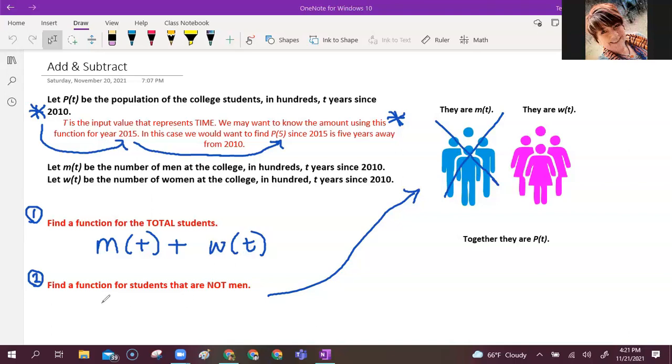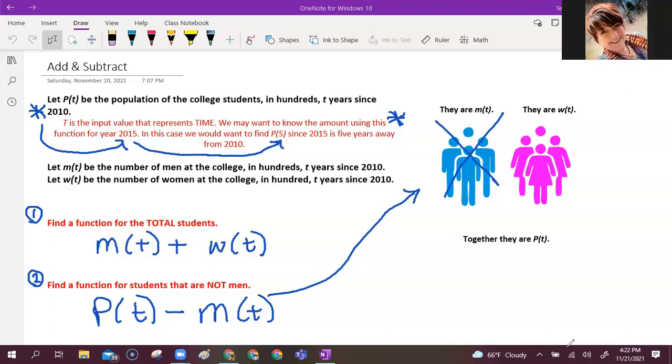What was the total? P at T. And we're taking away the men. How do you write men? M at T. And you're done. So that is adding and subtracting functions in the real world.